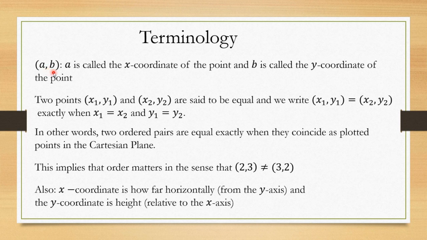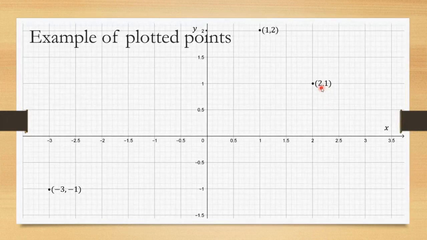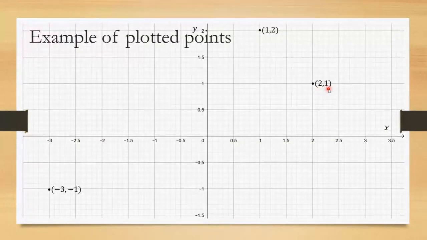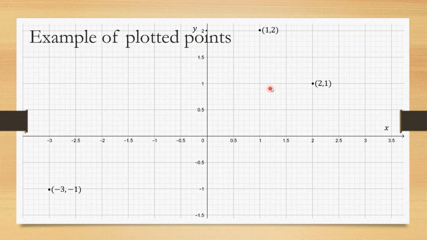B is the y-coordinate. That comes from the y-axis. Just like with these points, this 2 for this point is the x-coordinate. It came from the x-axis, as you can see. 1, the second number, that's the y-coordinate. See, 1 came from the y-axis. Like so.